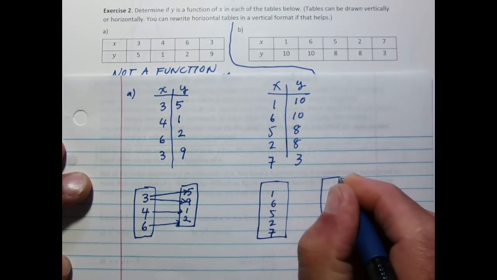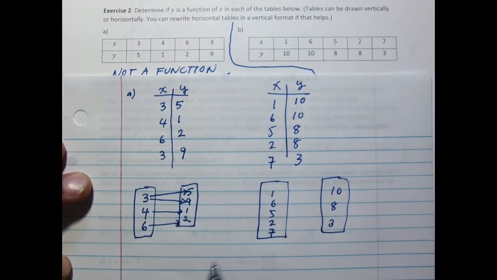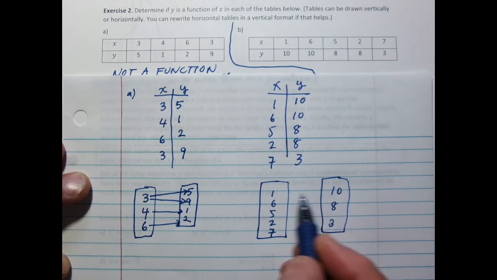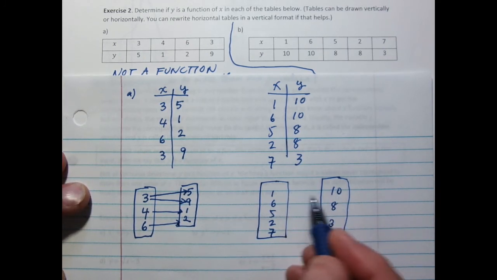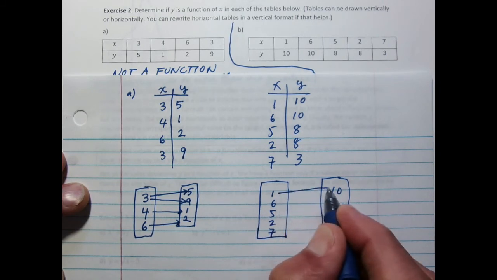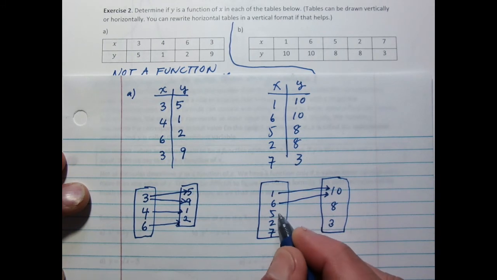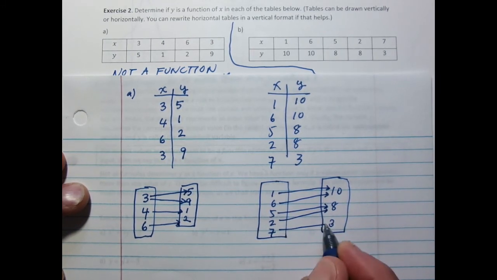I only need to write each y value once. I'm going to write 10, 8, 3, because I can represent the arrows without writing the x and y values more than once here. 1 corresponds to 10, 6 corresponds to 10, 5 corresponds to 8, 2 to 8, 7 to 3.